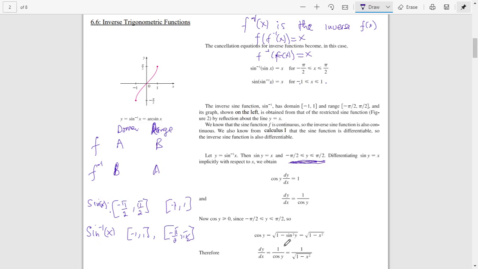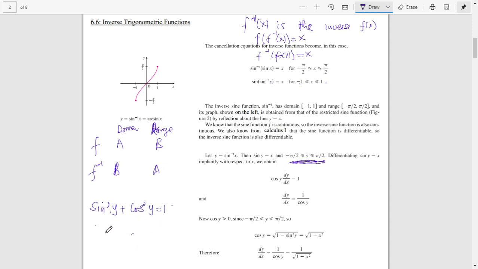That tells me that I can write it in the form square root of 1 minus sine squared. Why is that the case? Recall from your pre-calc, I'll erase this over here to show you something. From pre-calc, we saw a relationship that we are still going to see later on in this class: sine squared of y plus cosine squared of y is equal to 1.